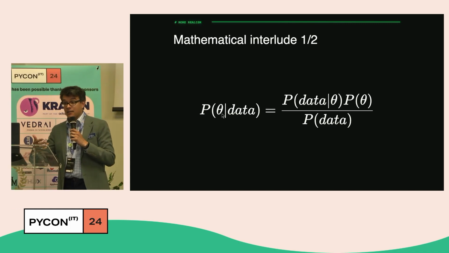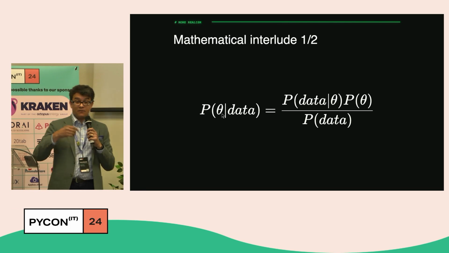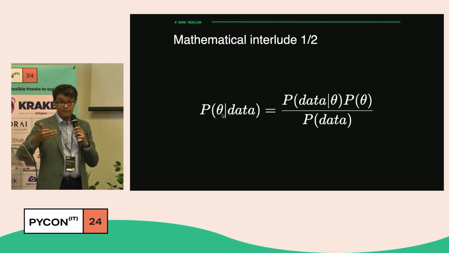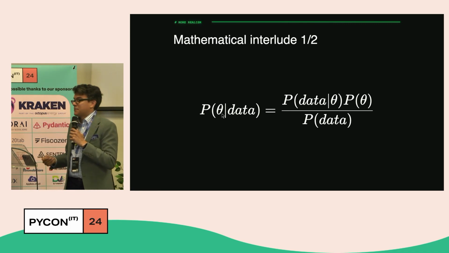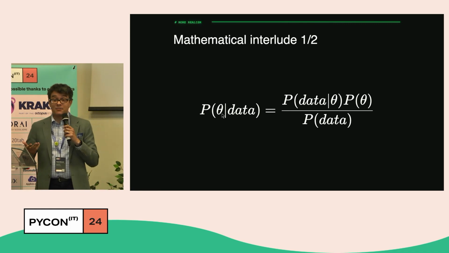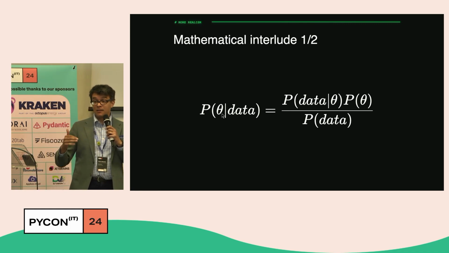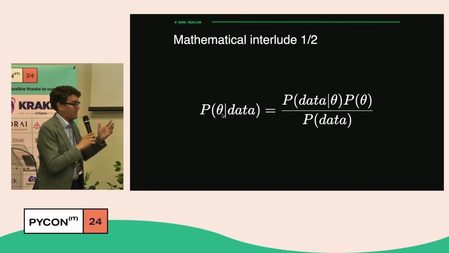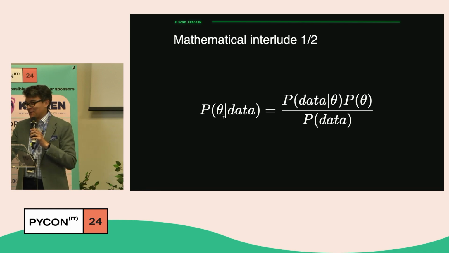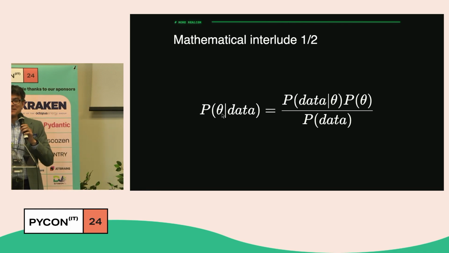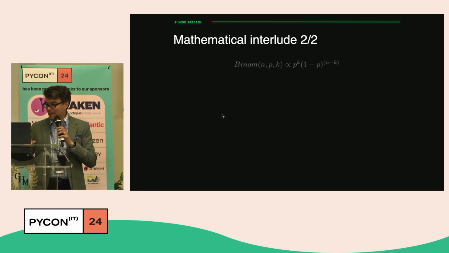To do that, we need to know the probability of the data that we see given the parameter, which is essentially counting. We need to know a prior distribution of the parameter, so what we expect the parameter to look like. And the probability of data is essentially a normalizing constant. We'll ignore it for now. We shouldn't, but for our purposes, we don't want to go too deep into this pit.